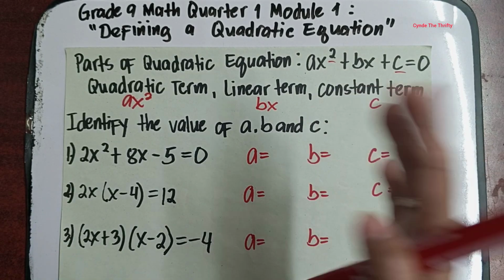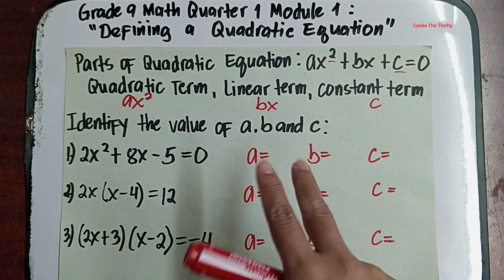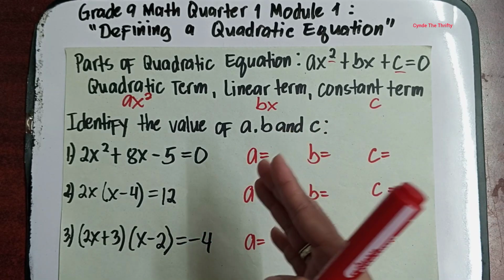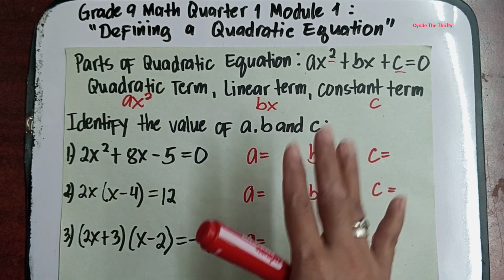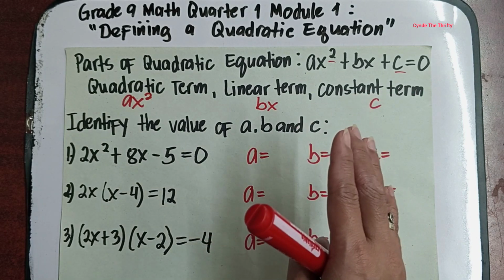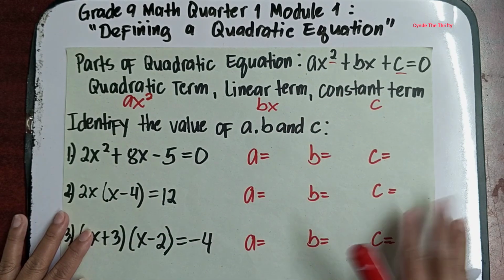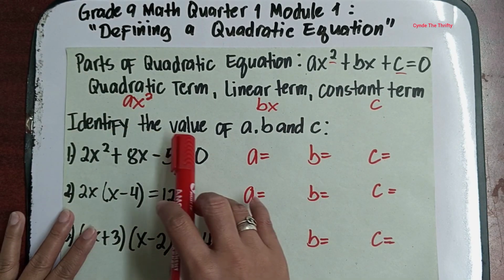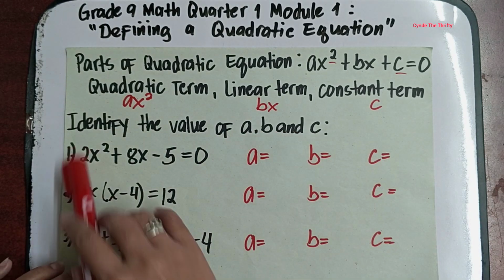Okay, so na-define na natin ang quadratic equation. So meron pa tayong dalawang objectives kung saan isulat natin ang quadratic equation in standard form ax squared plus bx plus c is equal to 0. Pagkatapos i-identify natin ang real numbers or ang value ni a, ni b at ni c. So yun ang gagawin natin ngayon. Okay, so identify the value of a, b, and c. Meron tayong mga examples dito.